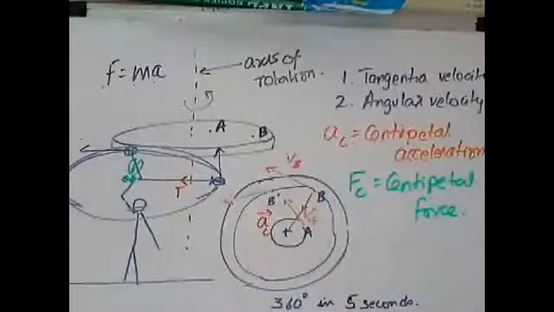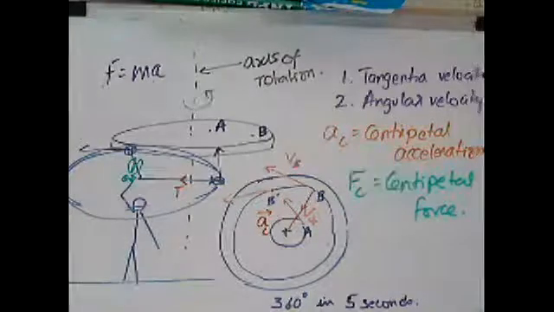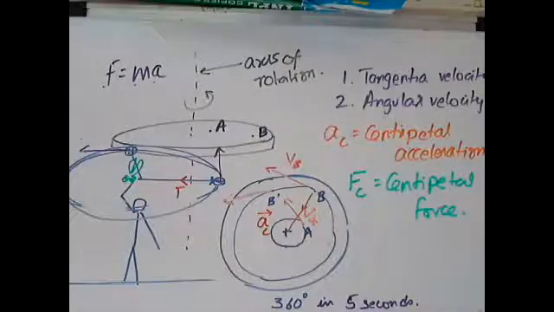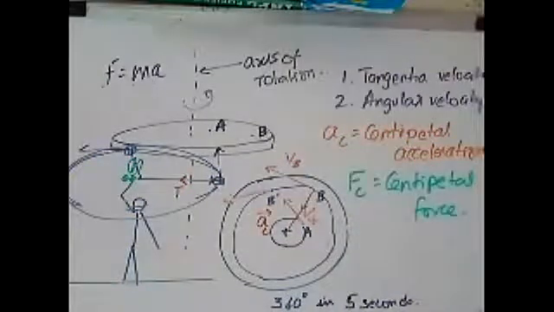If you're running around a track, a circular track in a park, let's say, you're going around a more or less circular path. So you're undergoing rotational motion. The question is, where is the centripetal force coming from for that?